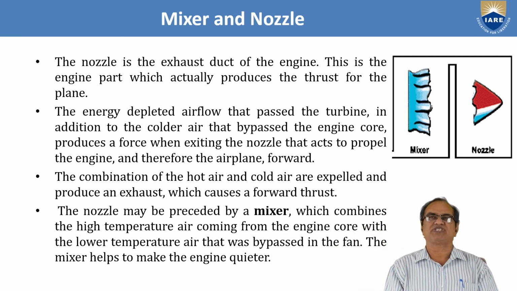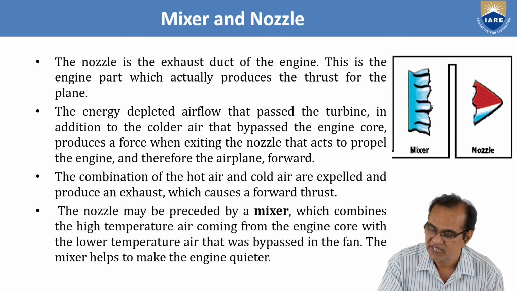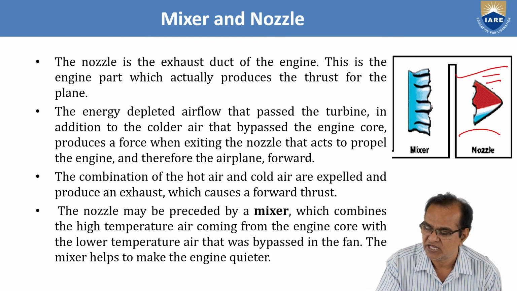So this is the principle of the mixer and the nozzle. I am just going through the wording of this mixer and the nozzle. The nozzle is the exhaust duct of the engine. This is the engine part which actually produces the thrust for the plane. So here, if you see, this is the nozzle, and these nozzles are producing the thrust.